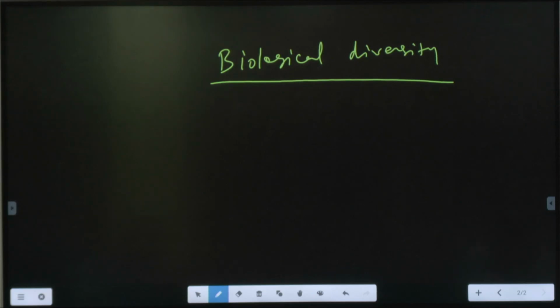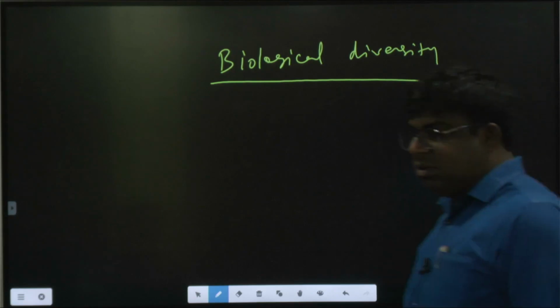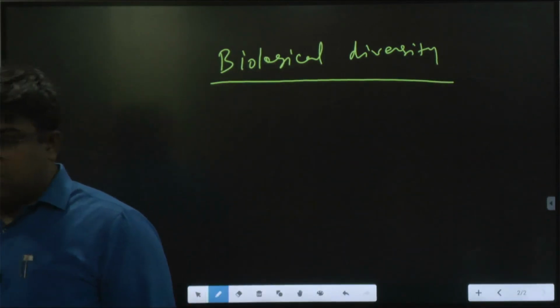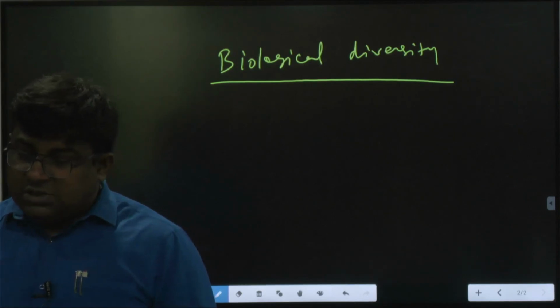From the next line, we can approach this subject of biodiversity in the following three different manners. First, genetic biodiversity.